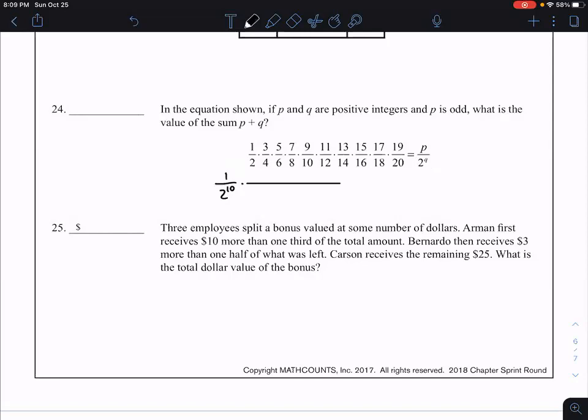And we're gonna get 1 times 2 times 3, 4, 5, 6, 7, 8, 9, 10. And then our thing on top will be the same.